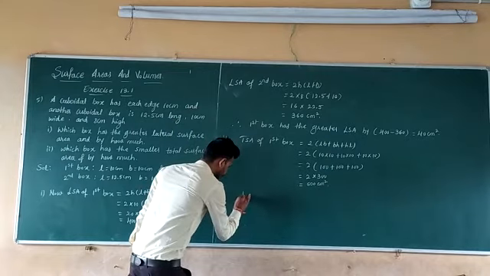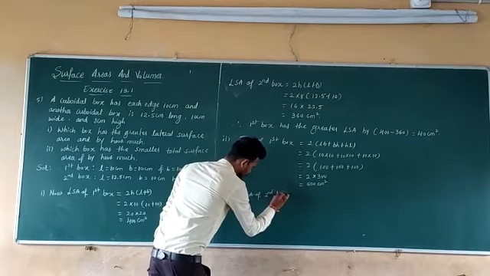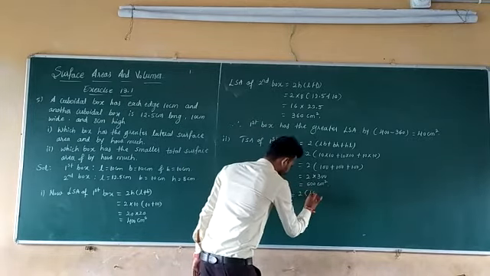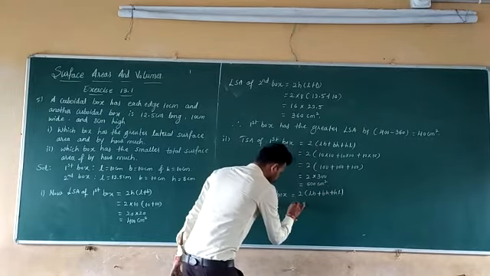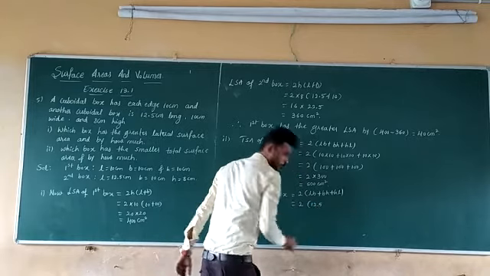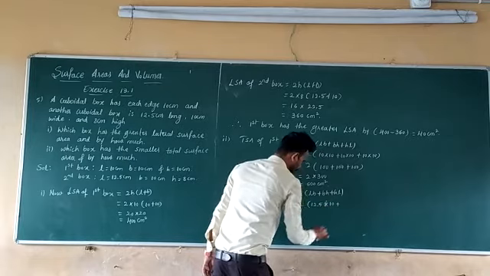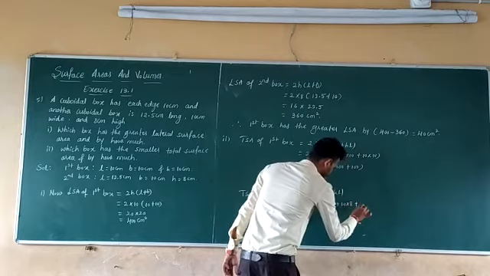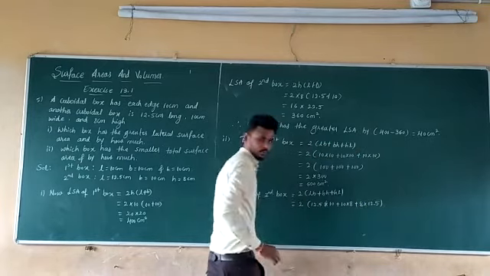Similarly, find the TSA of second box, formula is same, 2 into bracket LB plus BH plus HL. So 2 into L, 12.5, into B 10, plus 10 into H which is 8, plus 8 into L which is 12.5.